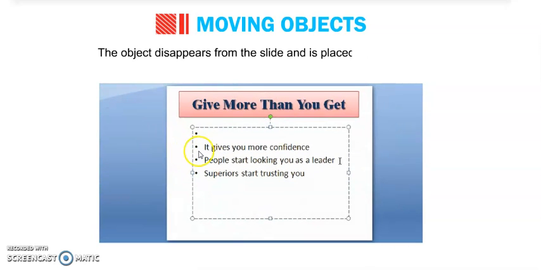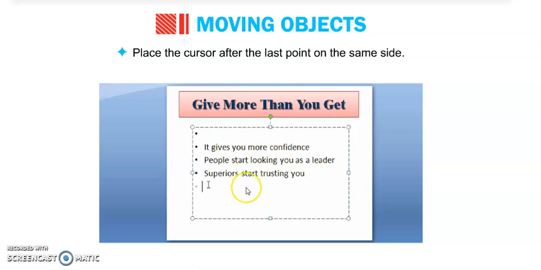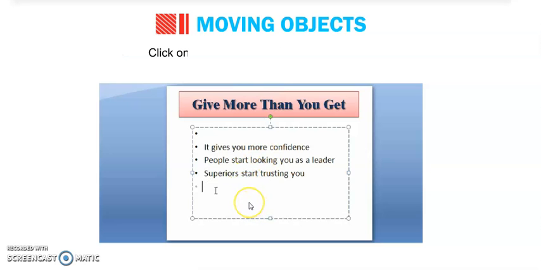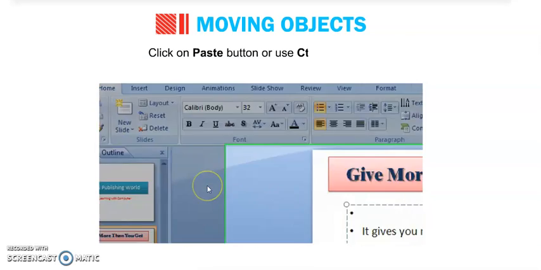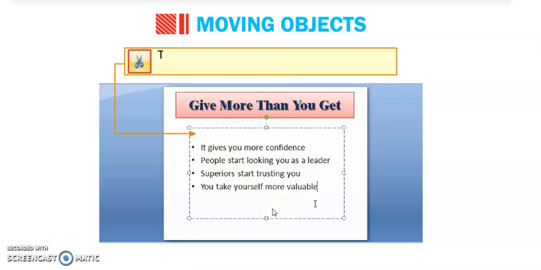The object disappears from that slide and is placed in the clipboard for some time. Place the cursor after the last point on the same slide and then click on the Paste button or use Ctrl+V for pasting. The selected object will appear at the cursor position. This is the normal cut, copy, paste for moving, which you have done in earlier classes also.